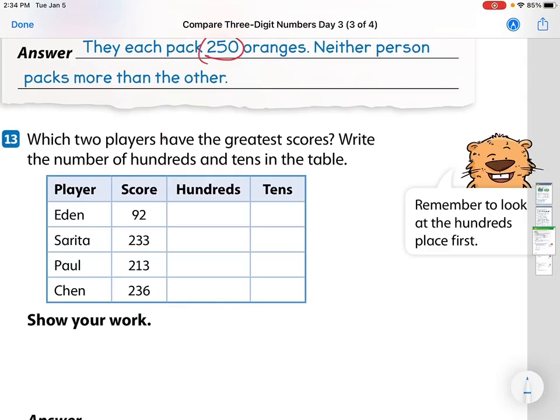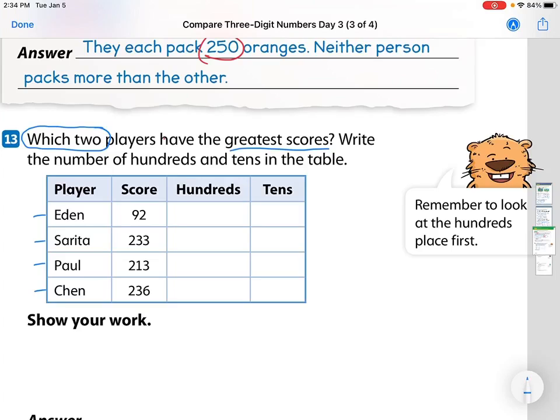It says, which 2 players have the greatest scores? Write the number of hundreds and tens in the table. So it wants to know which 2 players have the greatest scores. But they're giving us 4 different players, okay? So we're going to have to pick out the 2 with the greatest scores. We also have to write the number of hundreds and tens in the table, okay?